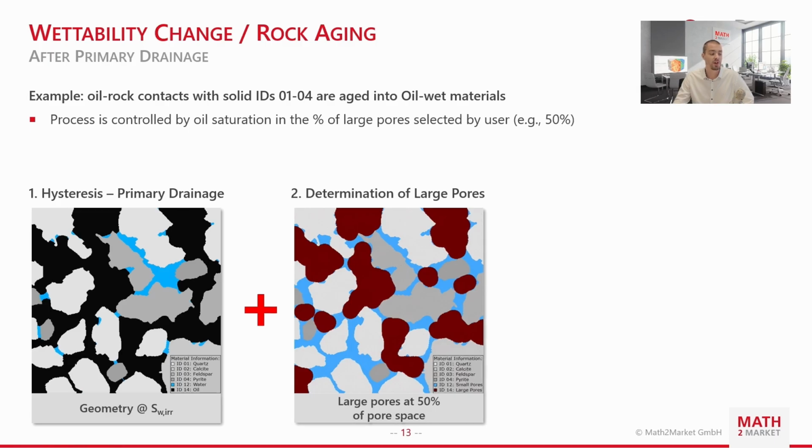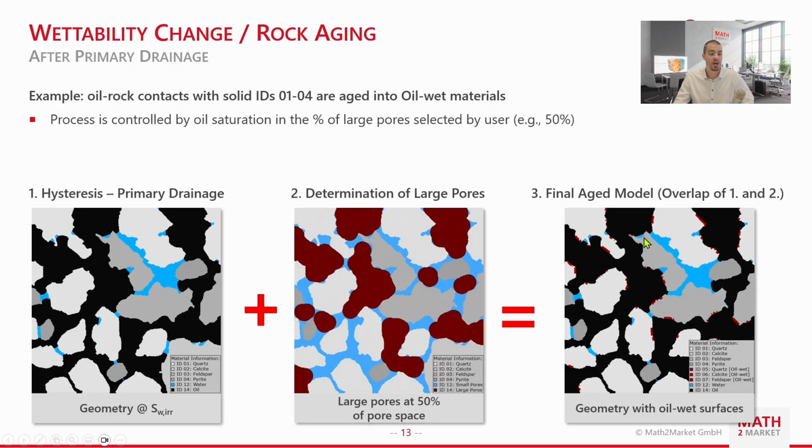Based on the parameter that says how many of the largest pores where oil is present will be affected by the oil touching the mineral surfaces, we can combine or overlap the oil distribution and those largest pores that have been selected in the aging process to, in the end, create the aged model where we see the aged surfaces where this overlap is present.